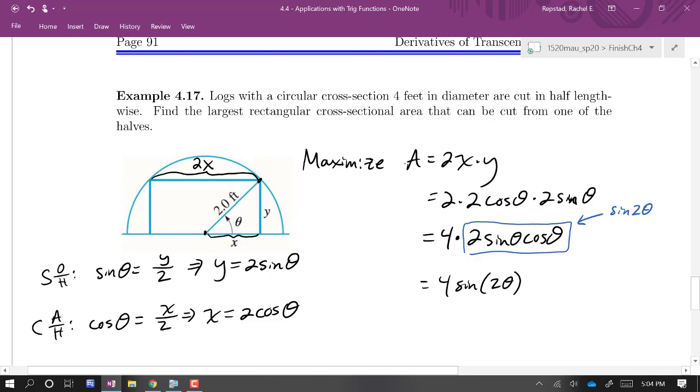So we have A equals 4 sine 2 theta. And this isn't calculus yet. This is still just what the area is as a function of theta. Now if we're looking to maximize, that means we need critical values. We're going to find the derivative and set it equal to 0.